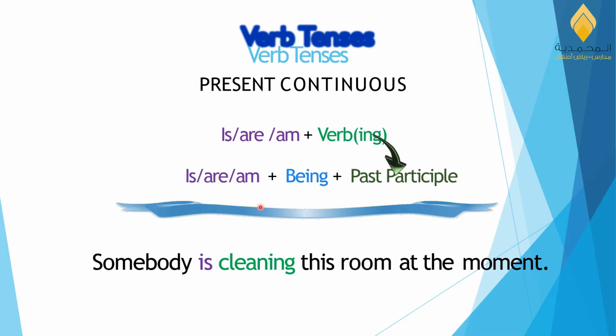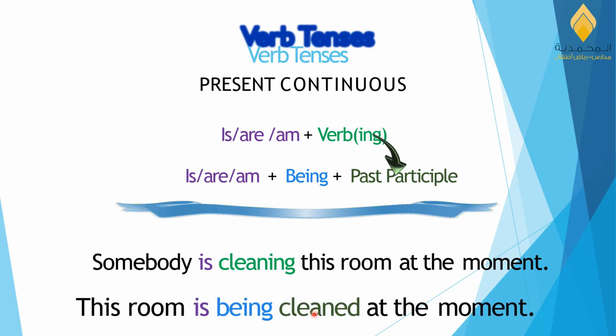Is being. So the new sentence will be, this room is being, and we agreed, what's the verb 3 of cleaning? It's cleaned. So our sentence becomes, this room is being cleaned at the moment.